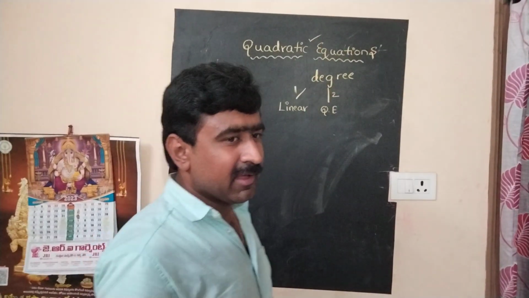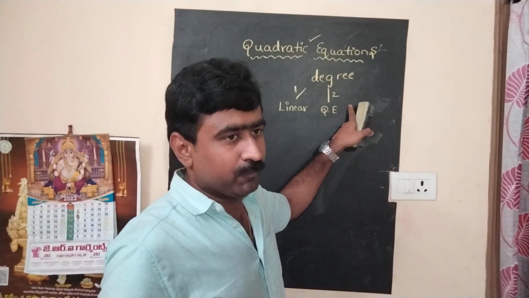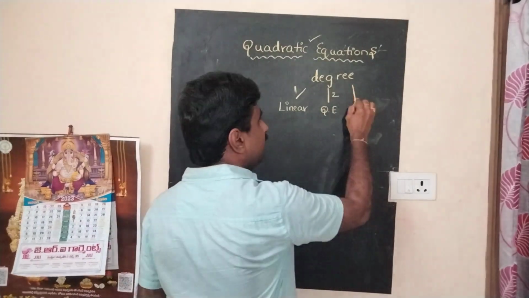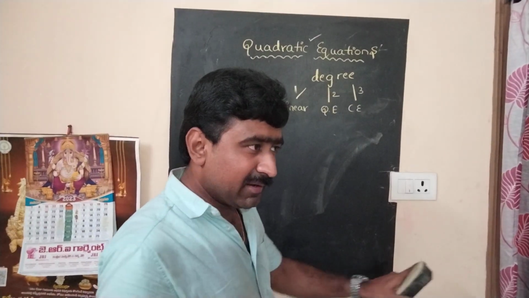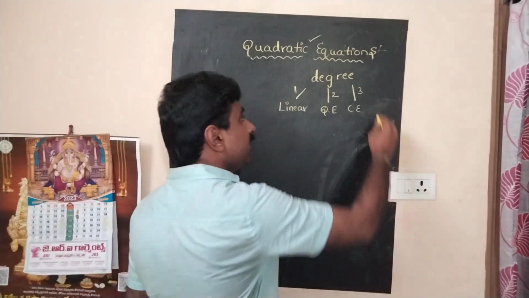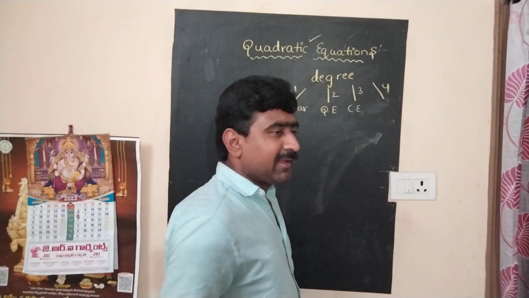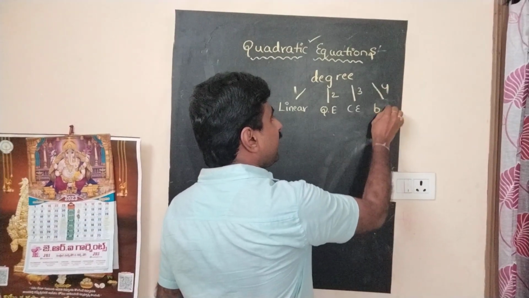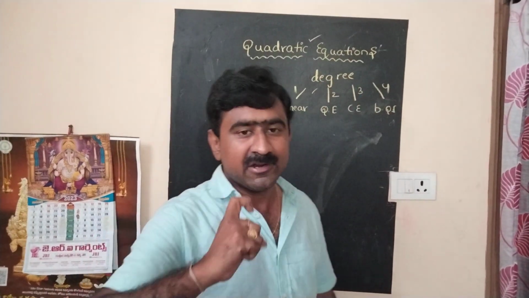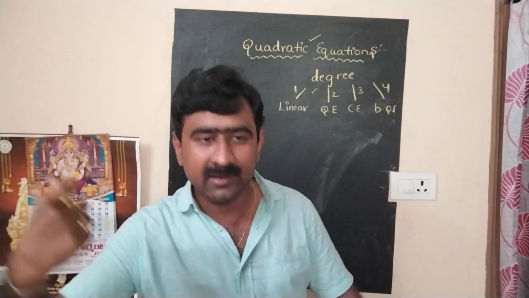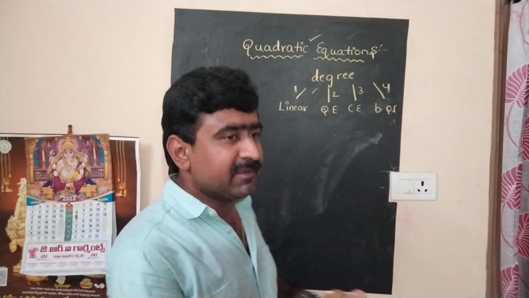Our equations have the highest power 2, and if the equation has degree 3, it is called a cubic equation. Cubic means the degree should be 3, and if the degree is 4, then the equation is called a biquadratic equation. So depending upon the degree we can differentiate one equation from another. This is the basic introduction.